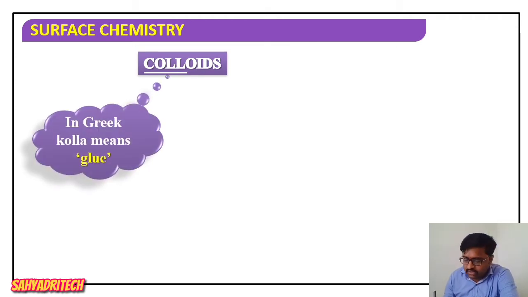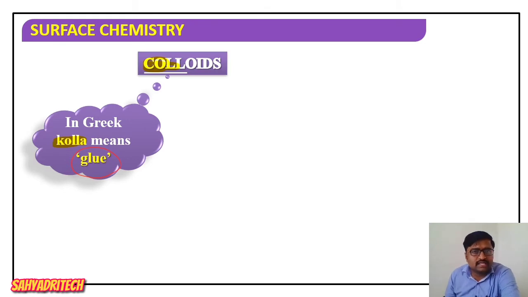In Greek, we are highlighting col, COL. According to Greek words, colla, KOLLA, this colla means glue. We know glue is nothing but an adhesive, an adhesive substance, an adhesive material.